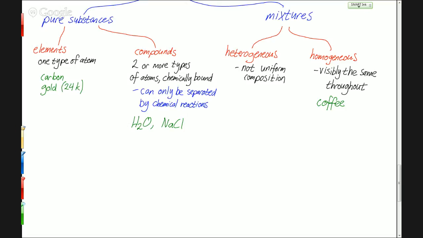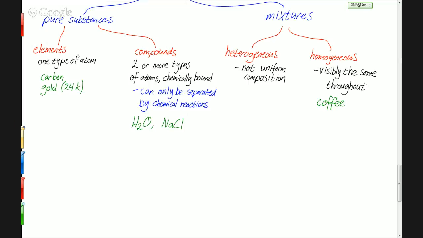Water. Certainly, most of it is water. What else? Caffeine. Sugar, if you put sugar in it, sure. And then thousands of other flavor compounds, all kinds of whatever makes coffee taste like coffee.